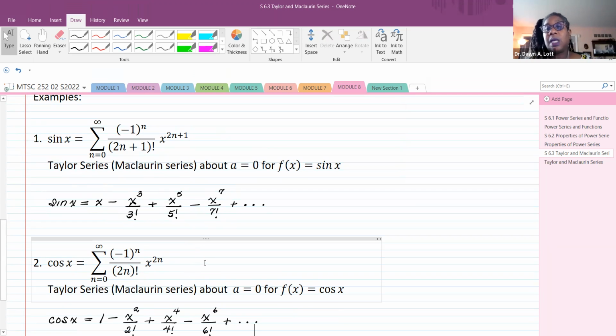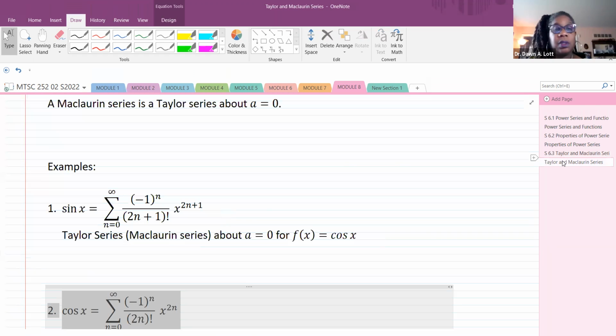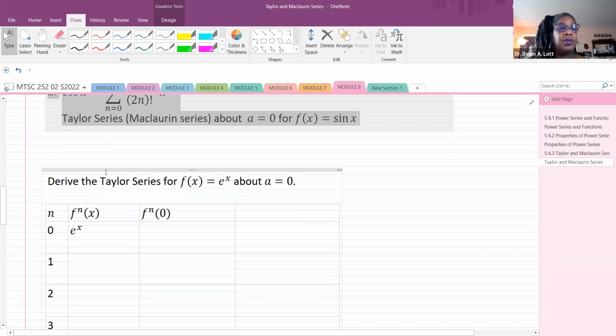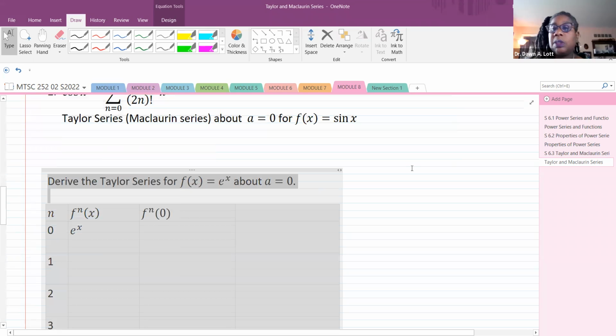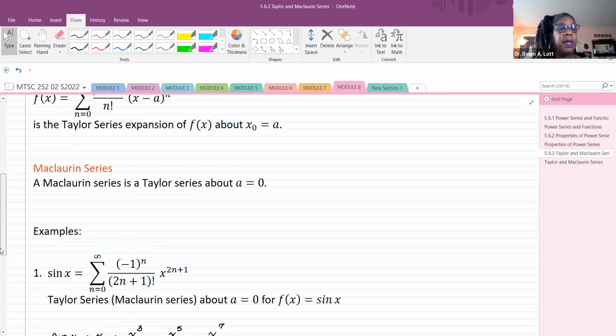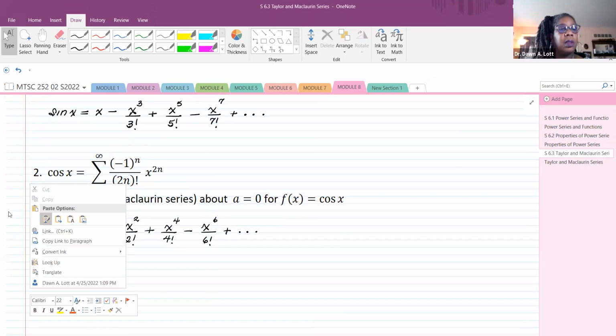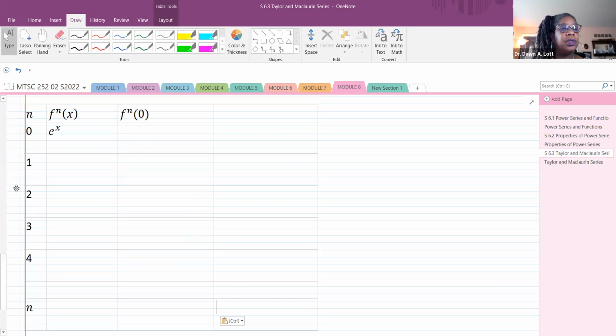So the question is, how in the world do we actually find these things? They're not that difficult to find. So we are going to derive the Taylor series for e to the x about our a being 0.